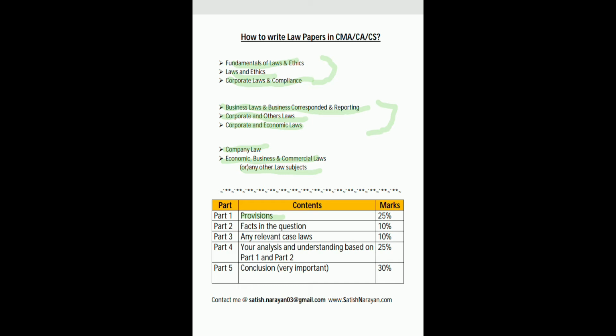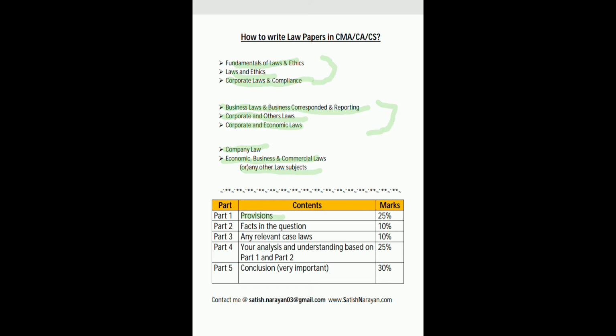Once you know that this has come from the Companies Act 2013, you need to begin your answer with part 1 and a header stating provisions of the Act. Your answer should begin like this: as per the Companies Act 2013, as per the section. If you remember the section 101%, please do write the section.